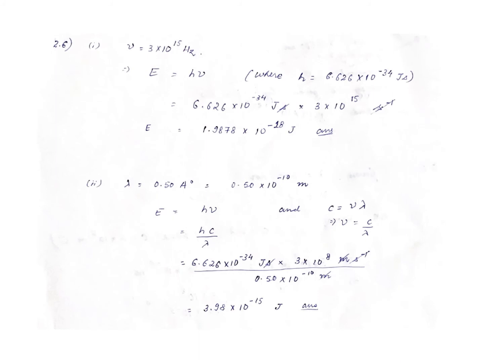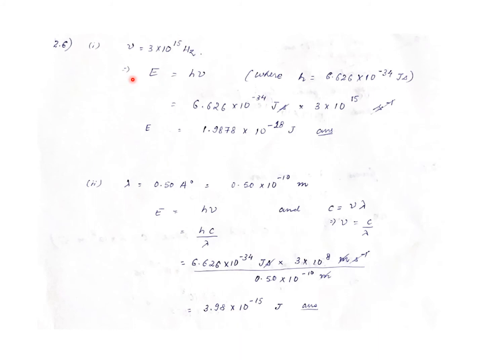So, question number 2.6. Let me read out the question first. Find the energy of each photon which corresponds to the light of frequency 3 into 10 to the power of 15 hertz. You need to find the energy, and nu is given.